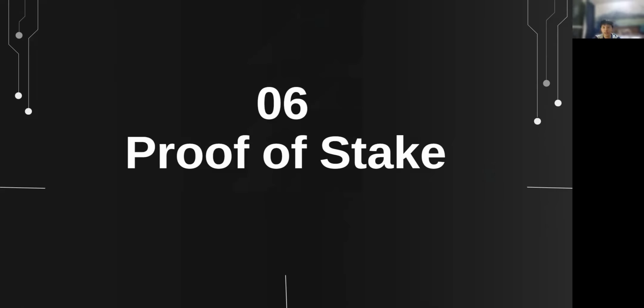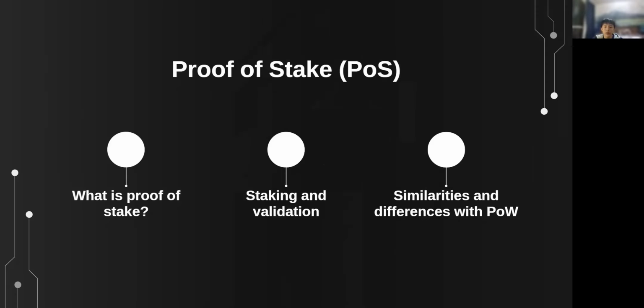And so proof of stake is the second type of validation protocol, other than proof of work, that some blockchains use. And we'll also talk about what's different, what's the same, and how it solves for the problems of proof of work. So first of all, what is proof of stake?